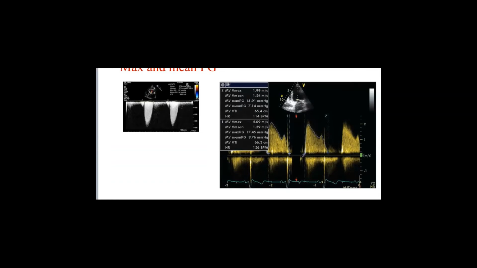Meaning, if you are studying the gradient for AS or MS, you have to remember that these gradients are exquisitely sensitive to flow. If there is high flow or low flow, the pressure gradient will change.